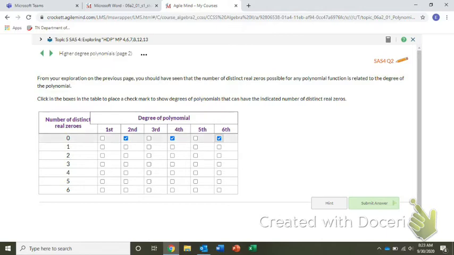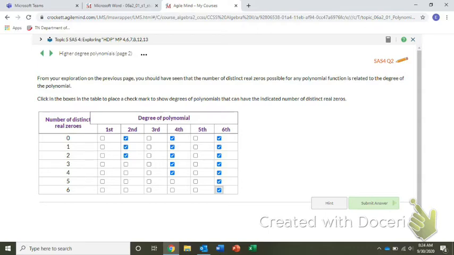If I have a 2nd degree, I can have up to 2 distinct real zeros. If I have a 4th degree, I can have up to 4. If I have a 6th degree, I start at 0, and I'm going all the way to 6.